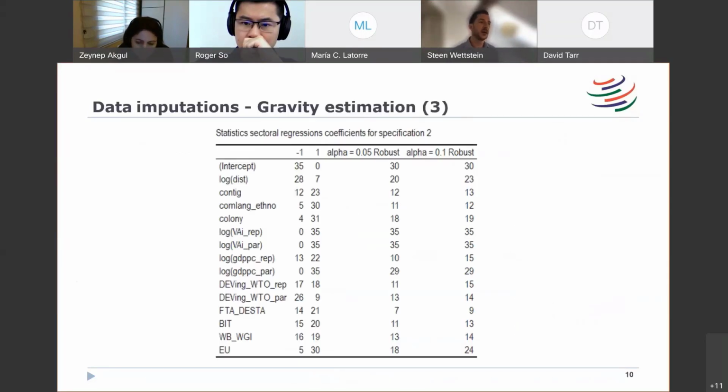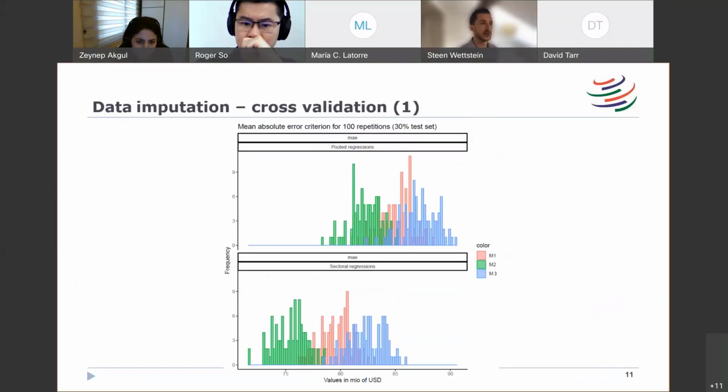We did the same sector by sector regressions. Here is just a quick summary of those results. I'm not going to go into the details, but we also ran, and Roger did the same actually, some cross-validation exercise where we simulated a number of times.